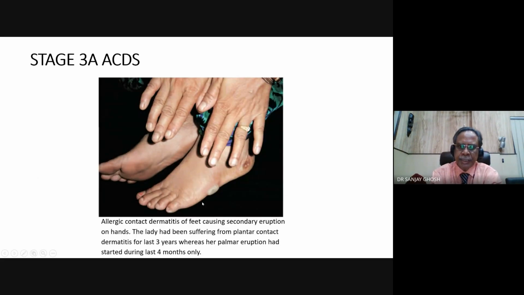So here we can see contact dermatitis of the feet from shoes, and that is giving rise to a vesicular eruption of the hands. This was previously called id eruption, as from fungus infection, this id eruption also happened, but nowadays it's called stage 3A SCDS.